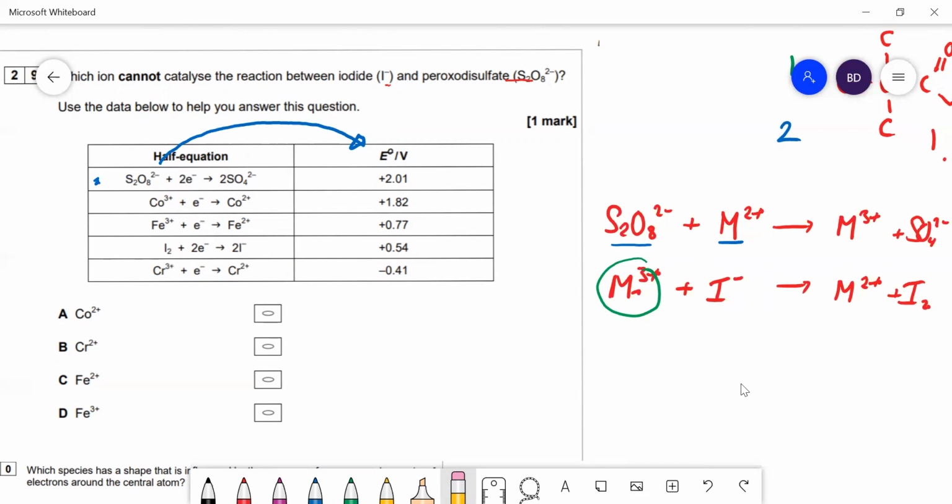Right, so let's concentrate on the iodide. We want iodide to go backwards. So that means the 3+ ion has got to be above the iodine. So cobalt 3+ and iron 3+ should both be able to oxidize iodide to iodine.